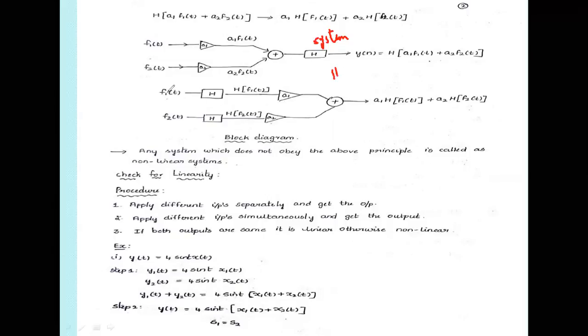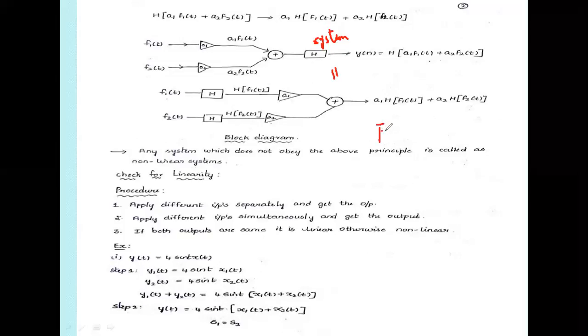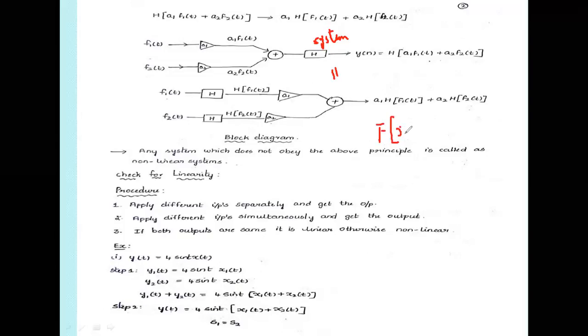Now the first signal f1 of t is given to the system to get the response, and f2 of t also. Before adding, you pass the two signals through the system separately and then add a1 h of f1 of t plus a2 h of f2 of t.